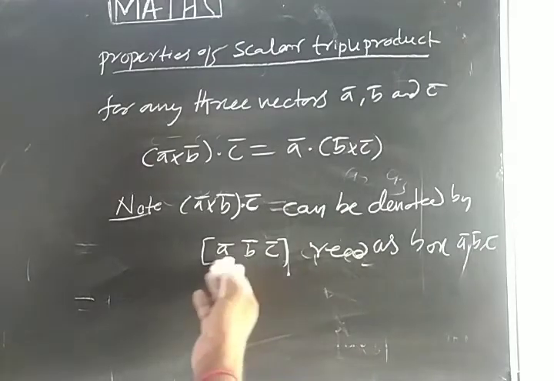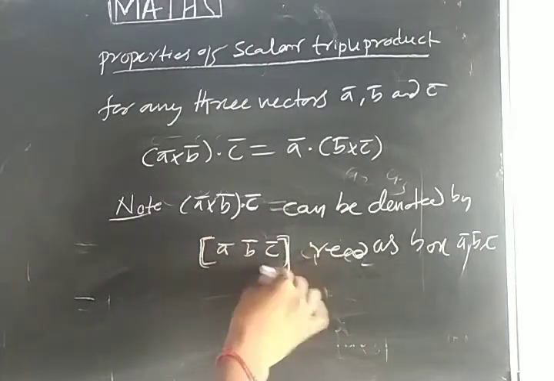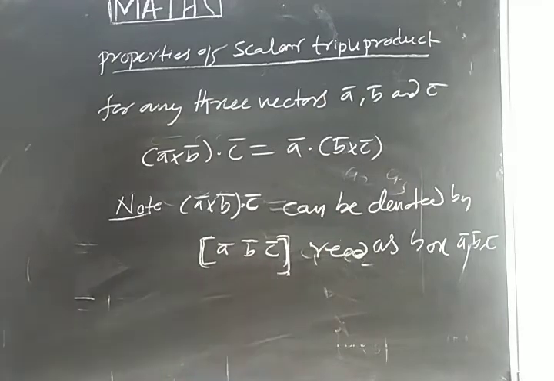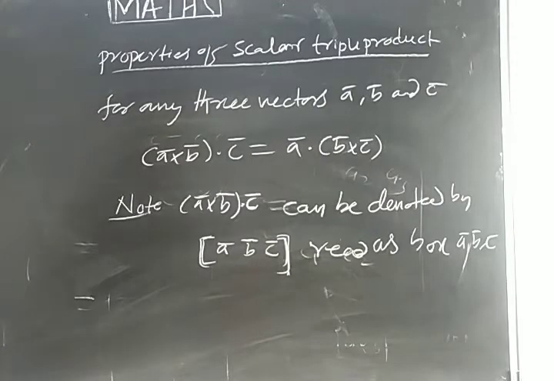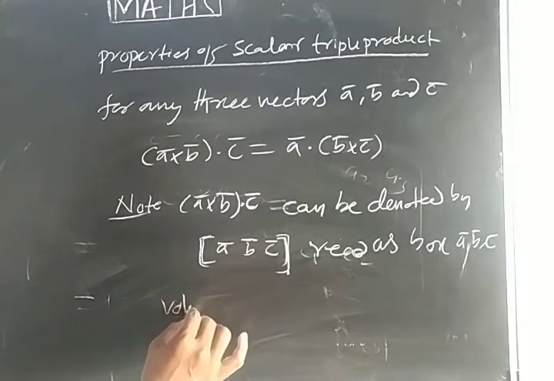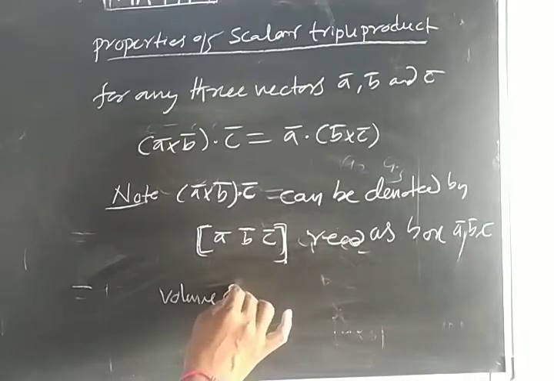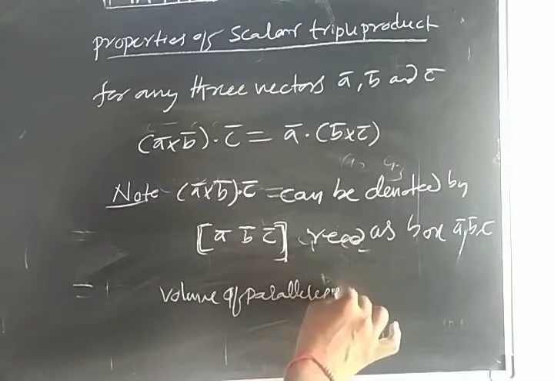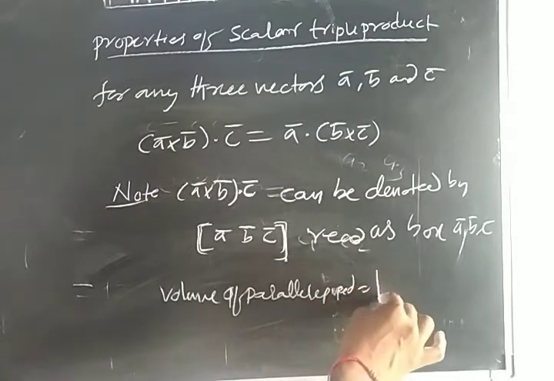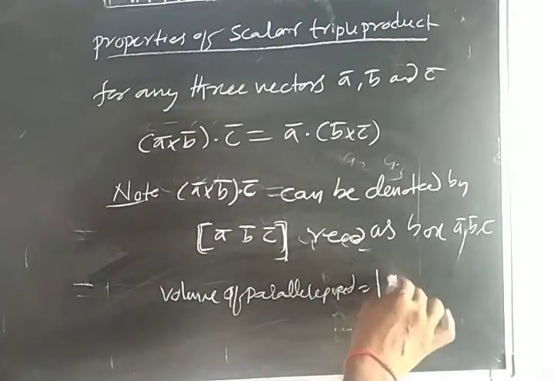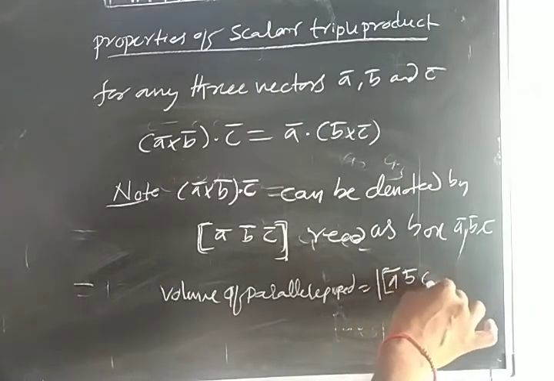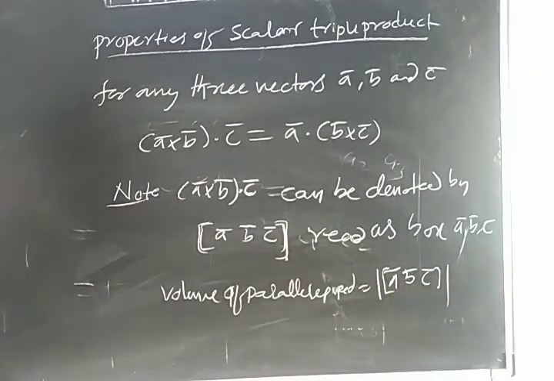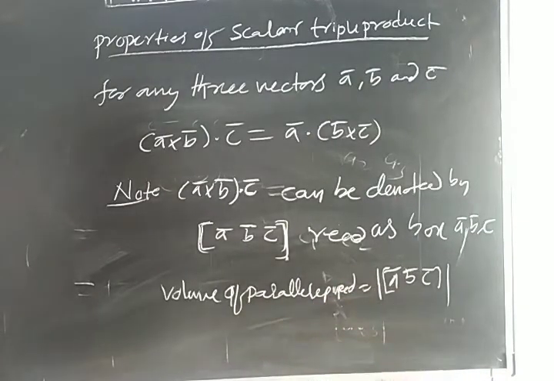It will give the volume of the box. We know the modulus of this will give the volume of the parallelepiped. So the volume of the parallelepiped is equal to the modulus of the bracket A bar, B bar, C bar. It will give the volume of the parallelepiped.